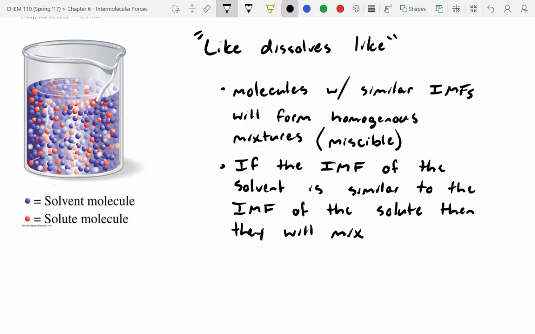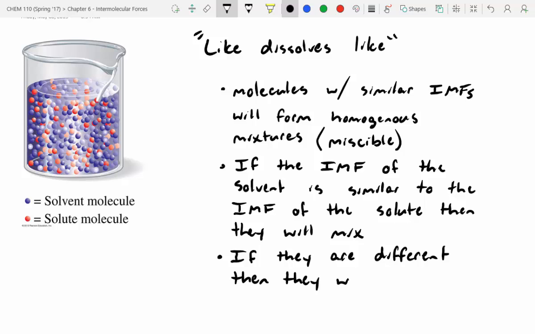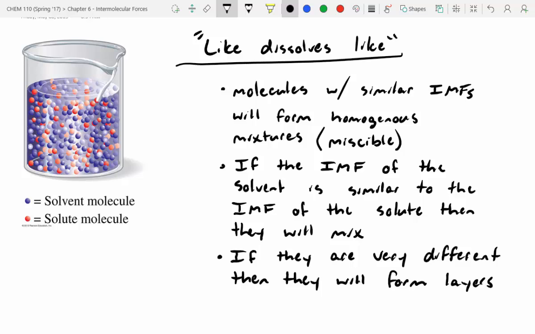Another way of thinking about this, if they are different, they form layers. And I should really rephrase this, if they are very different. Sometimes if they're close enough, they will mix, but if they're very, very different, it's very unlikely that they will mix. But this is all based on the like dissolves like principle.